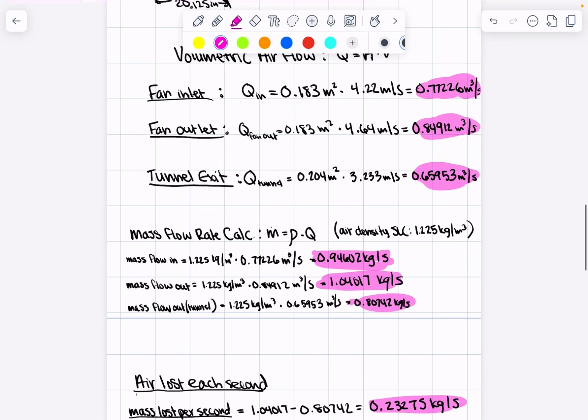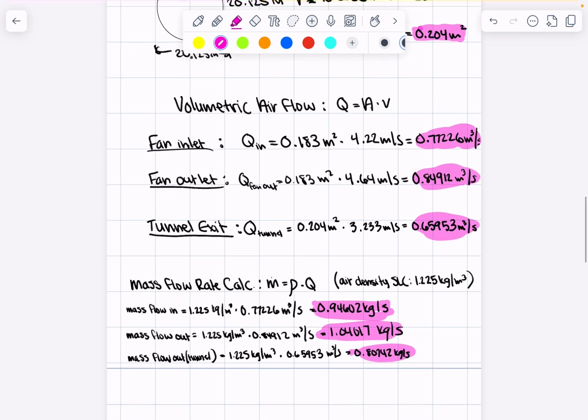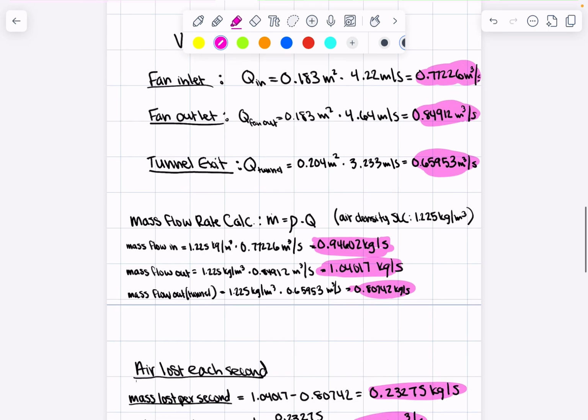After I calculated all of these, I used the mass flow rate equation, using density times volumetric airflow. The air density in Salt Lake is 1.225 kilograms per meter cubed.